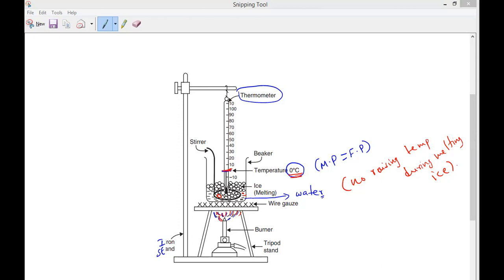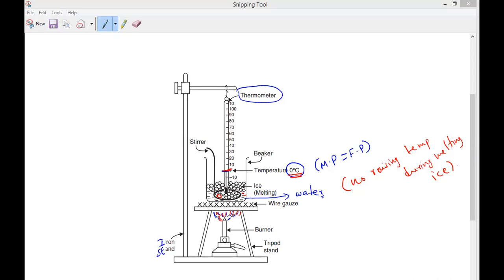Now the heat which is going into the ice but not increasing the temperature is the energy required to change the state of ice from solid to liquid. That is known as the latent heat of fusion.